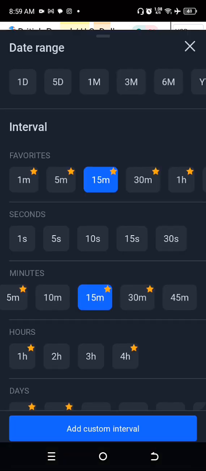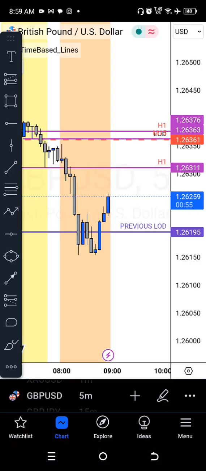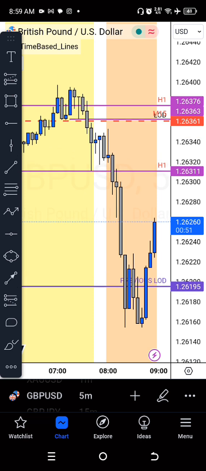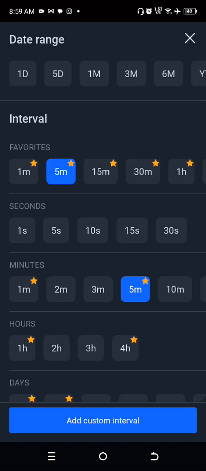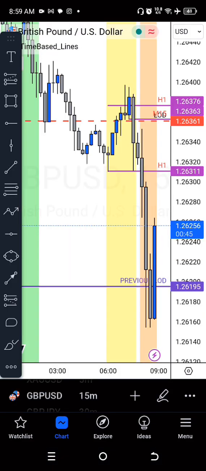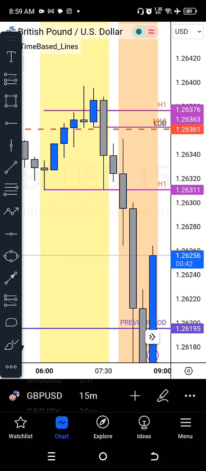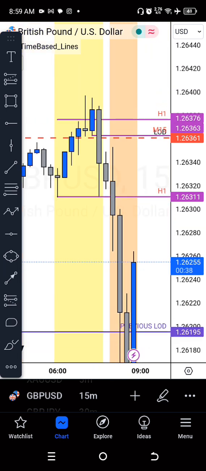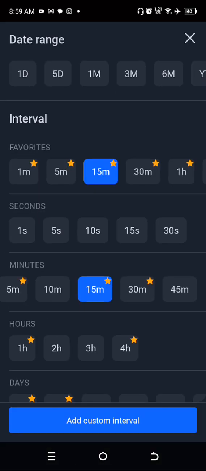Let me check the M5, so the M5 in confluence. Let me go back to the M15. Can I mark it correctly? Yes, I did.